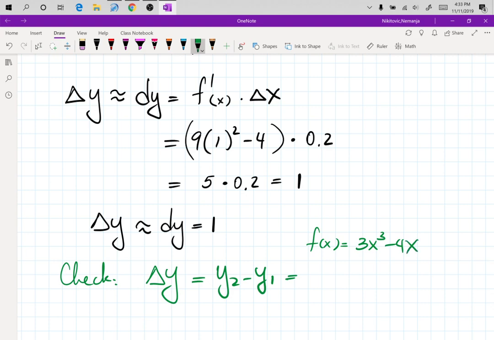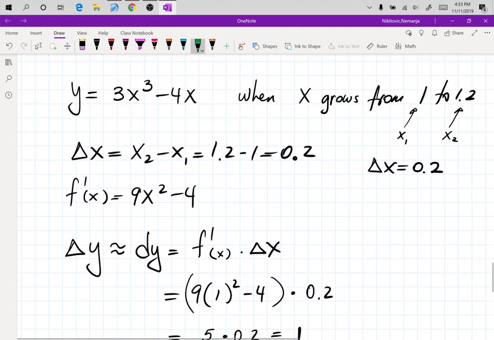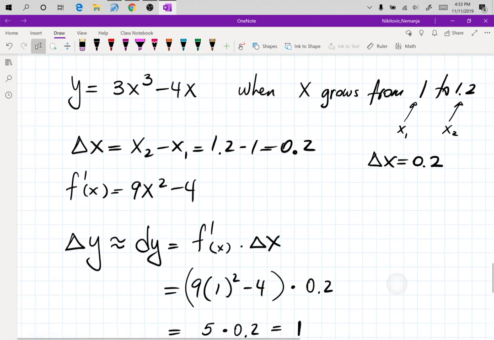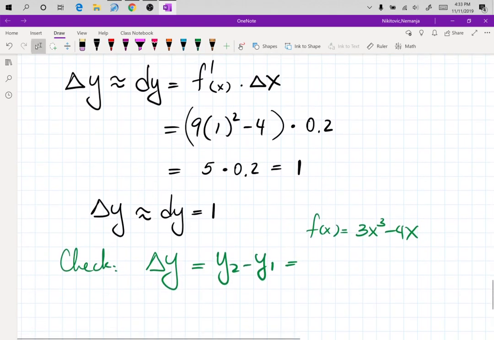So, we discovered from the text when x grows from 1 to 1.2, x1 is 1, x2 is 1.2.